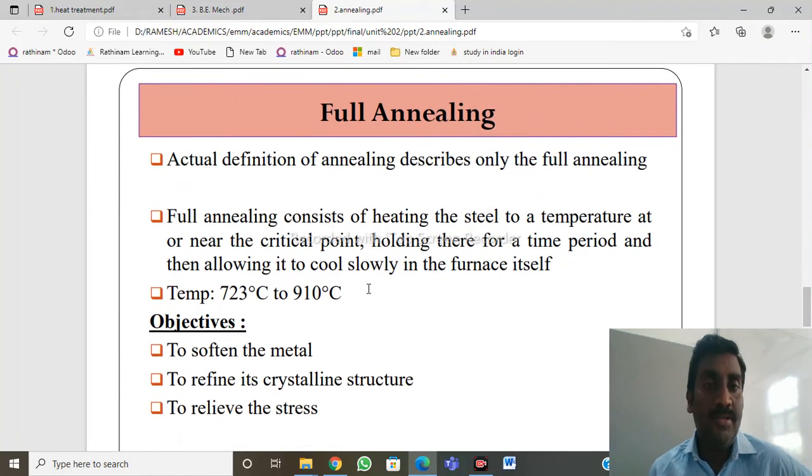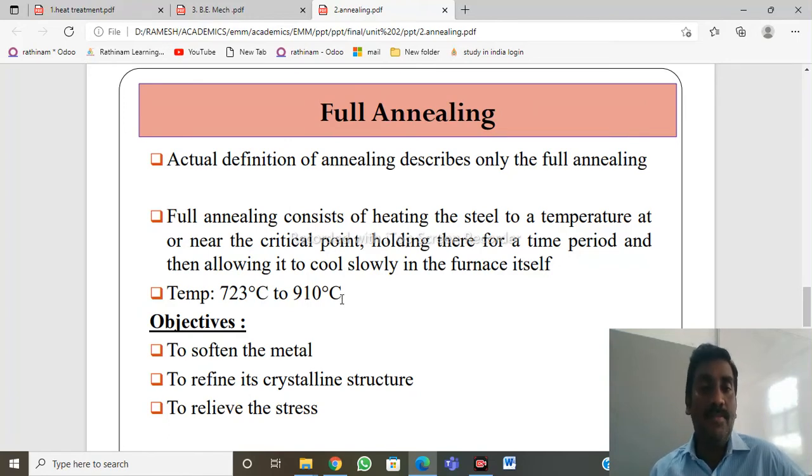Then what is full annealing? Actually, the definition of annealing describes only full annealing. We already discussed the annealing definition. That is, we are heating the steel to a particular temperature, nearly the critical point, holding there for a particular time period, and then allowing it to cool slowly in the furnace.